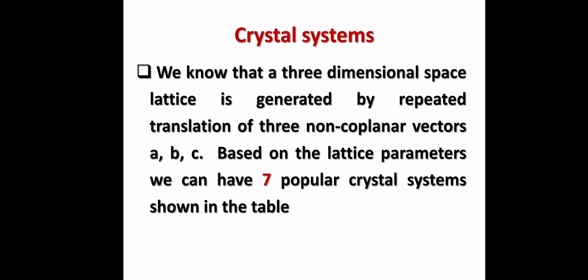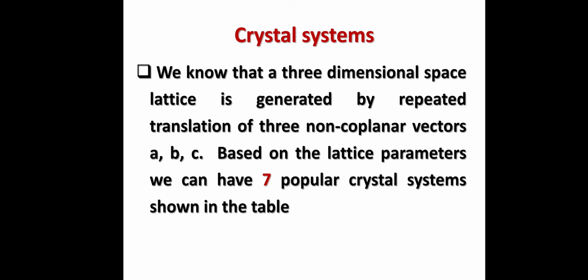So, crystal systems. We know a three-dimensional space lattice is generated by repeated translation of three non-coplanar vectors A, B, and C, based on the lattice parameters along with the primitive vectors, and with what relation the interfacial angles are having among themselves. That is totally 6 lattice parameters. We can have 7 popular crystal systems which are shown in this table.